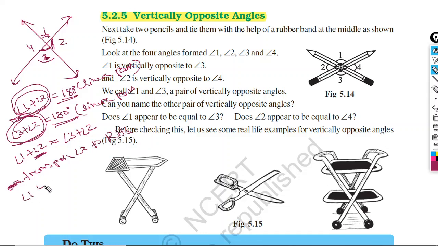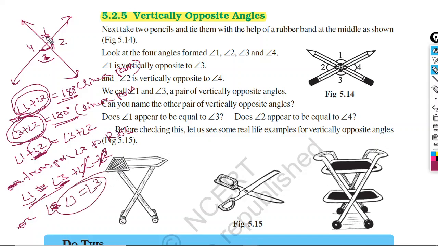Now angle 1 will be equal to angle 3 plus angle 2, and plus angle 2 transposed will be minus angle 2. Now you see plus angle 2 and minus angle 2 cancel, so angle 1 equals angle 3. Here only angle 1 is there, and on the RHS there is only angle 3. So angle 1 is equal to angle 3. Now look at the figure, angle 1 equals angle 3, isn't it? Now we proved that vertically opposite angles are equal.